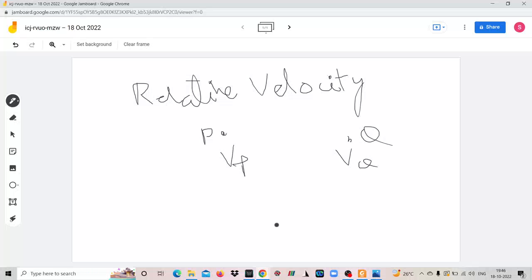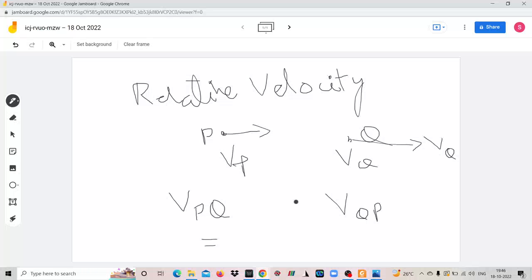Now let us give a direction. Say Vp is along this direction, and say Vq is also along this direction. Now relative velocity may be the velocity of point P with respect to Q, and another is the velocity of Q with respect to point P. So what will be the value for VPQ?